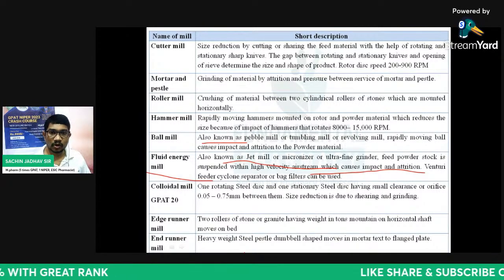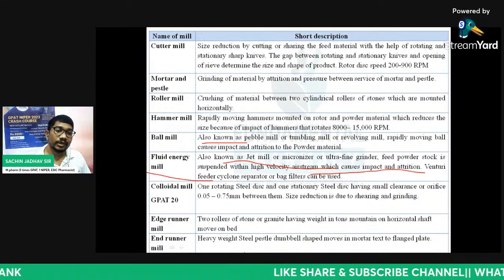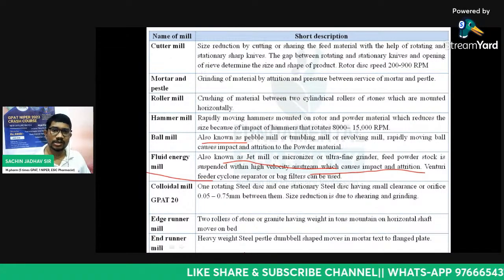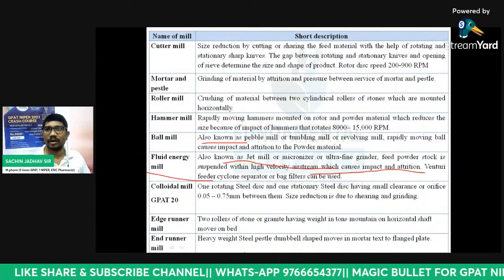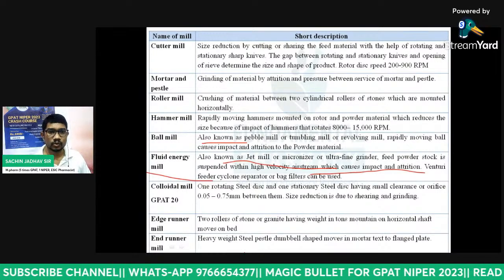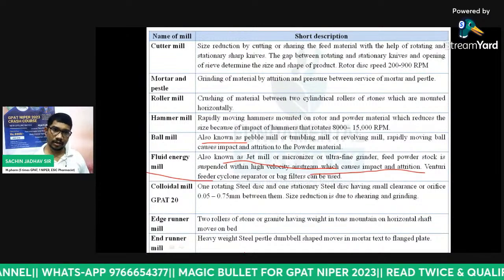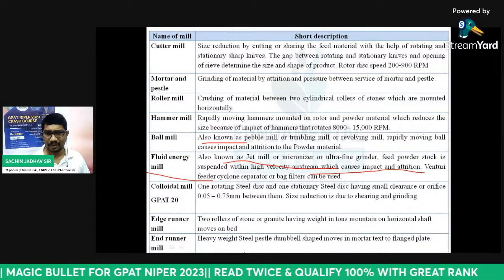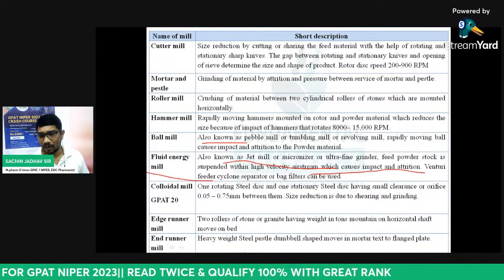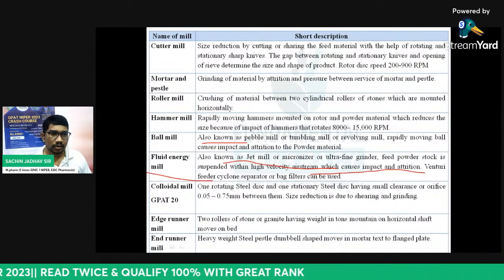So feed stock of powder is suspended with the high velocity airstream which causes impact and attrition. Impact कहाँ पे होगा, जो मिल का आपका वॉल है, स्टेशनरी वॉल, उसके ऊपर पाउडर जाके थ्रो हो जाएगा with the high velocity of airstream, that will cause impact, and in between that impact powder attrition will also be there.